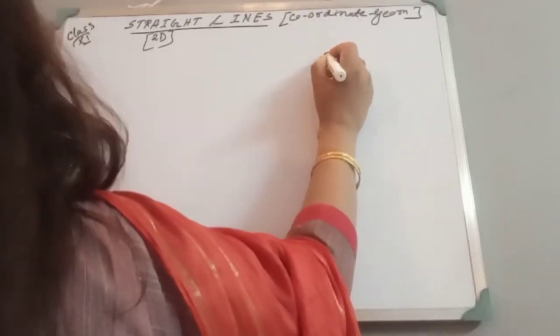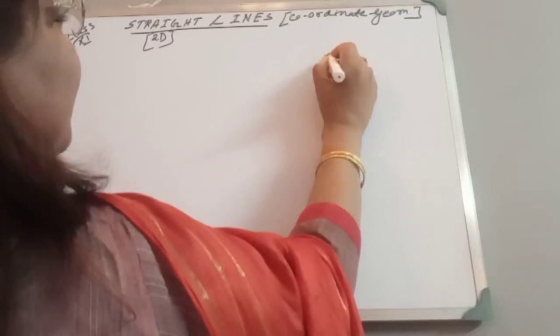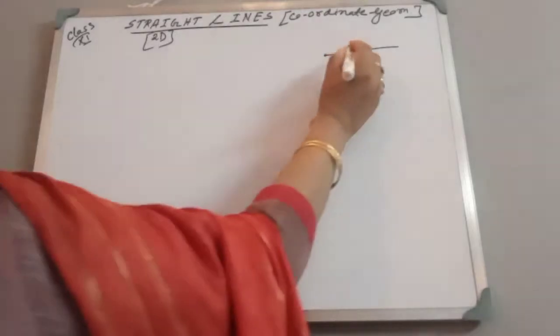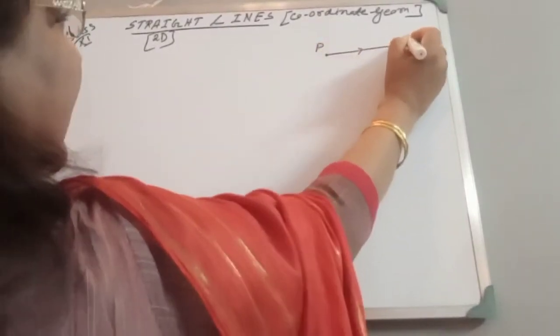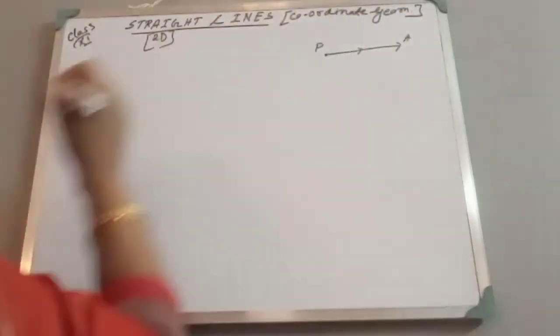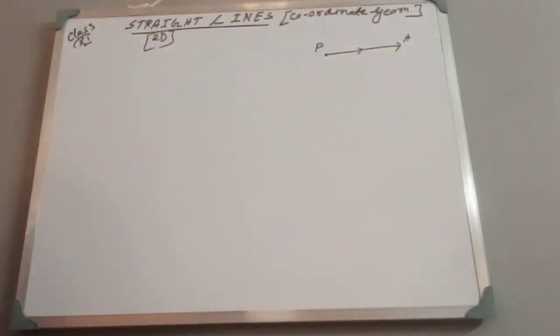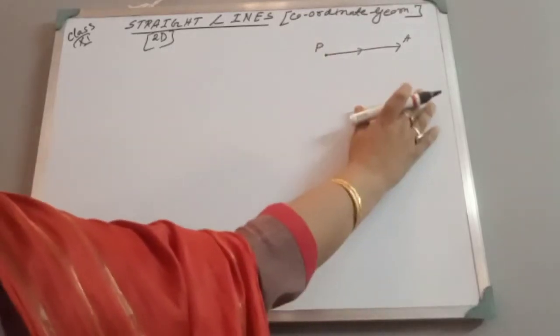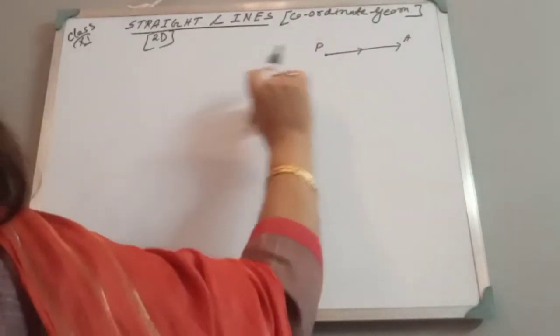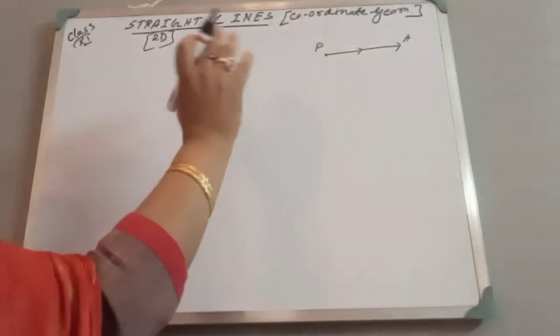That means say a point P, it moves in this direction. So this is a point P, it moves towards A. Then PA is a straight line. What is the definition? If a point moves on a plane, this is a plane surface, in a given direction, then its locus is called a straight line.